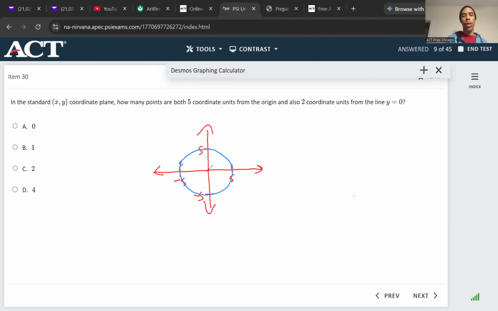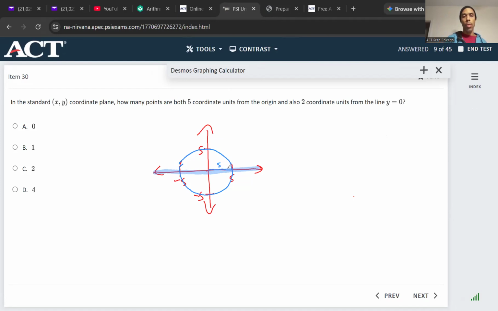And also 2 coordinate units from the line y equals 0. So the line y equals 0 is the x-axis, because every y coordinate on this line is 0. And we want any points that are on the circle and 2 units from the line y equals 0.